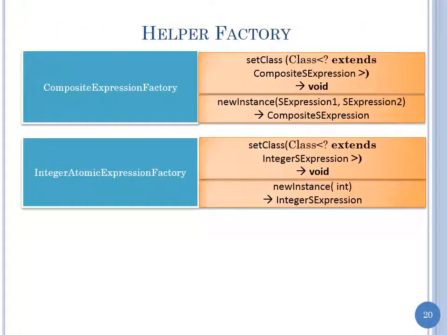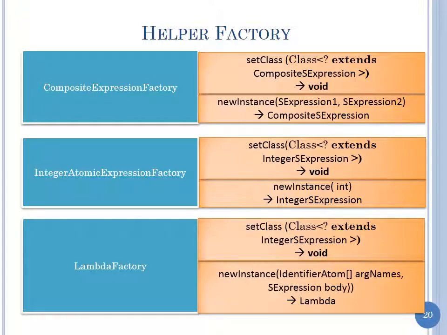Now, the lambda evaluator is something you have to write. To make your task easy, we've given you a helper factory. We already have a composite expression factory and an integer atomic expression factory, and we're going to add a lambda factory. You can change the lambda factory, but you won't have to change it in your assignment. We are going to have a new instance method.